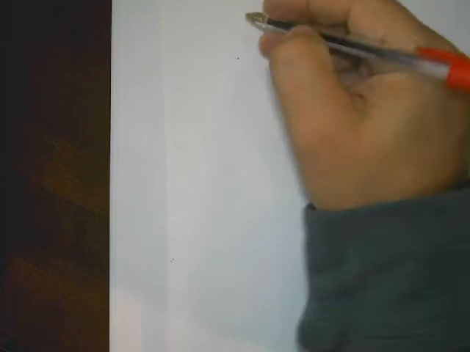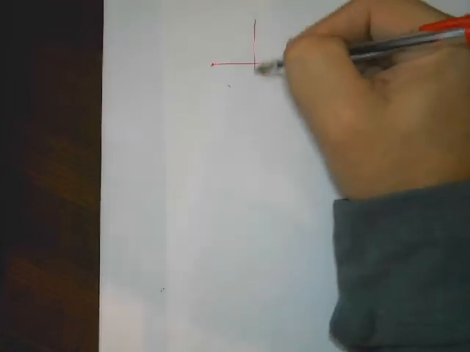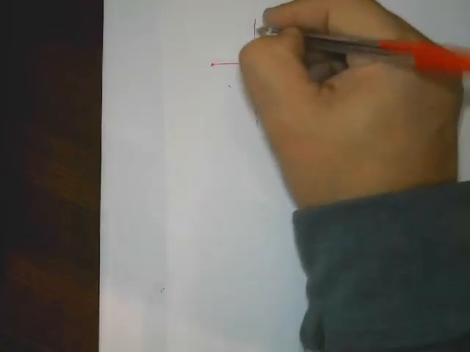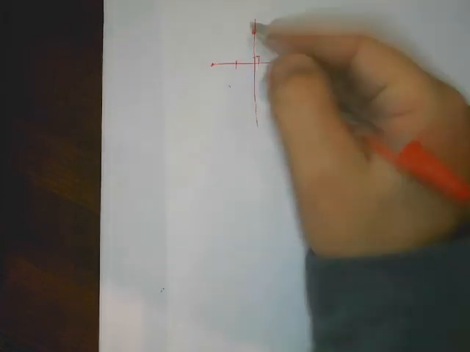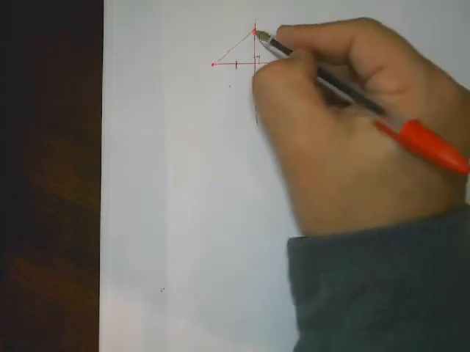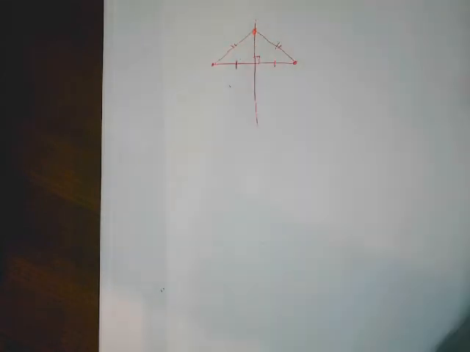One is, remember that if it lies on the perpendicular bisector, so if this thing's a perpendicular bisector, if a point lies on this, so we know that this is true, then it is equidistant to the endpoints. Remember that? No matter where it is.